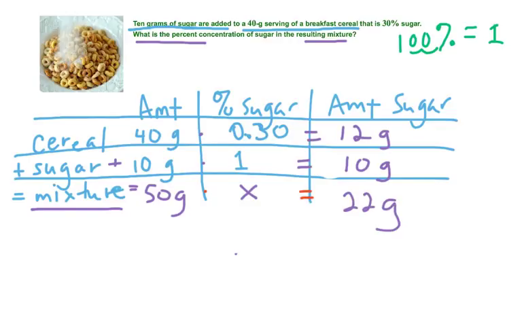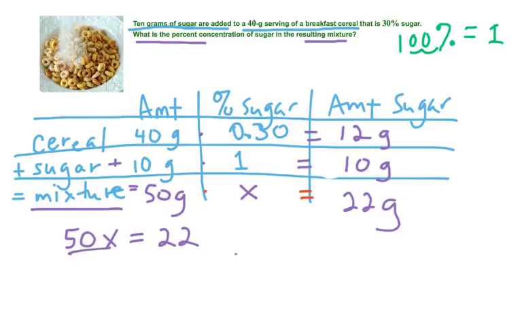And I know that 50 times X equals 22 grams. So I can also use this equation across the bottom: 50x equals 22. That helps me solve it. Either way it works.